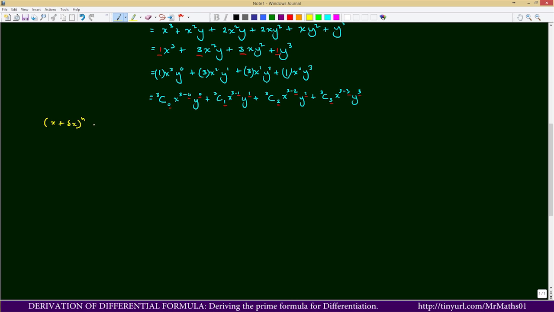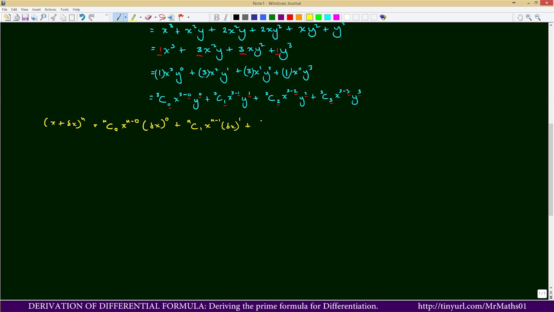And I'm going to put that in the general expression as nC0, following the same standard as I did here, times x to the power of n minus 0, and then delta x to the power of 0, plus nC1 times x to the power of n minus 1 times delta x to the power of 1.